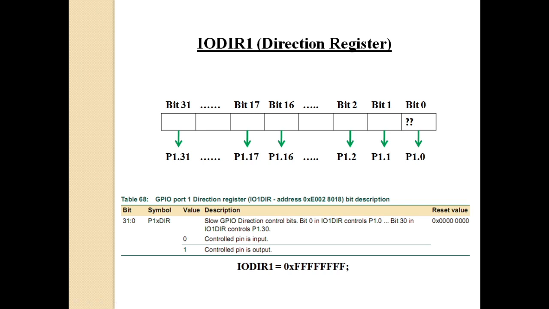If you write 0d, that value will be represented as decimal. Generally in microcontroller programming you will use hexadecimal representation. So 32 ones in hexadecimal will be 0xFFFFFFFF. So if you write IODIR1 equal to 0xFFFFFFFF, you are configuring the P1.16 to P1.31 pins, those 16 pins, with the direction as output.